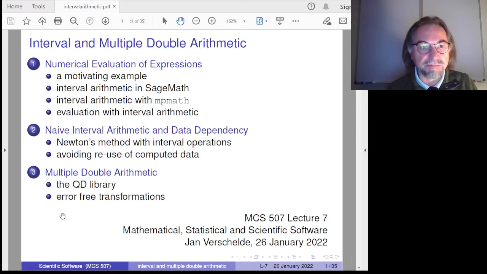as provided by the GMP library, but then we will see two other arithmetics, mainly interval arithmetic, and then at the very end multiple double arithmetic. So the interfacing is in this lecture done by either Python or Sage.